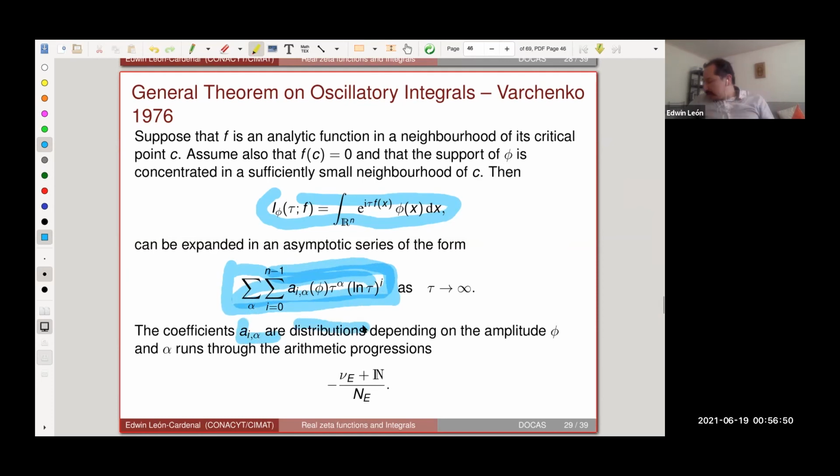Again, we can read these distributions as the coefficients of the poles of the Laurent expansion of the local zeta functions around the poles, and this alpha now runs through the arithmetic progressions given by the data of the resolution of the singularities.